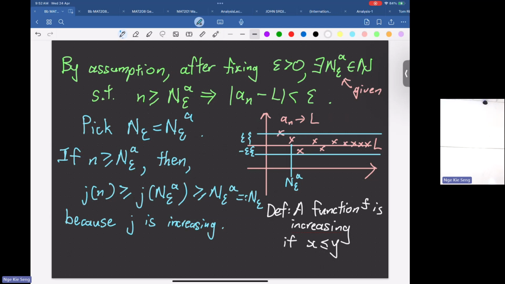So if x is less than y, then f(x) is less than or equal to f(y). This is what we want.